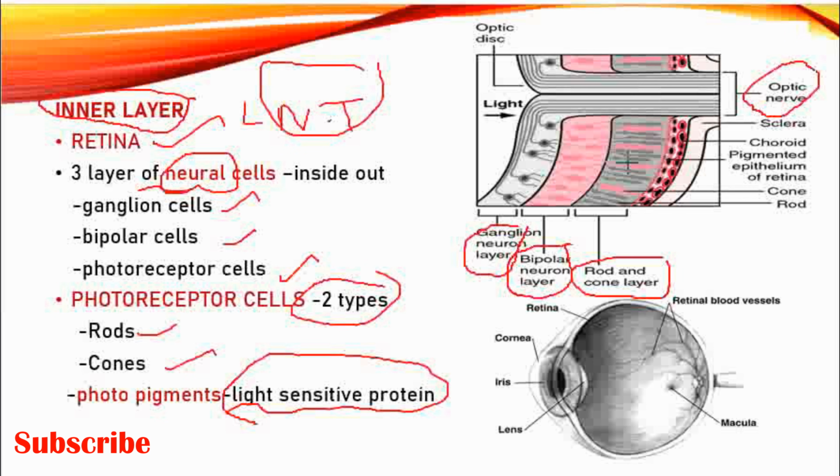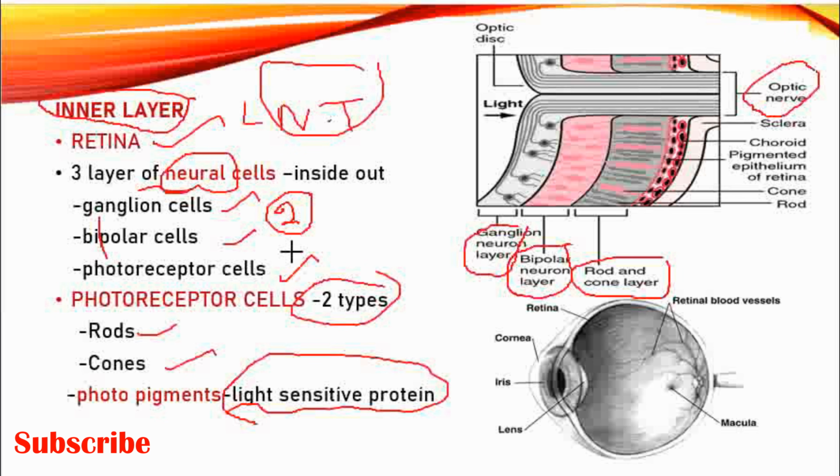It is called bipolar because it is the central body from which 2 processes arise. I will explain that in the next video. From this particular cell, 2 sets of processes arise, so it is called a bipolar cell.